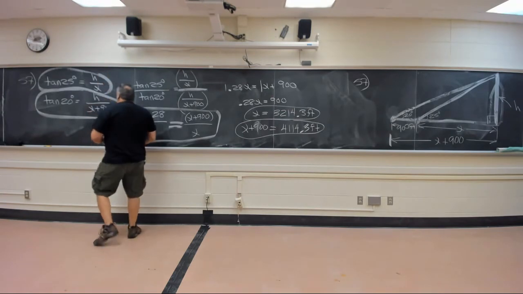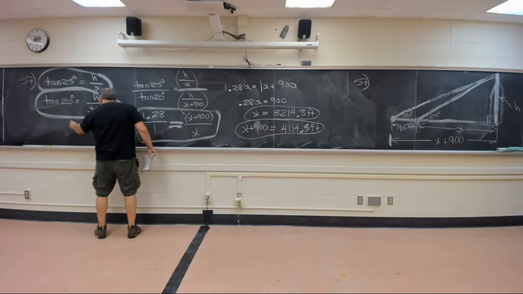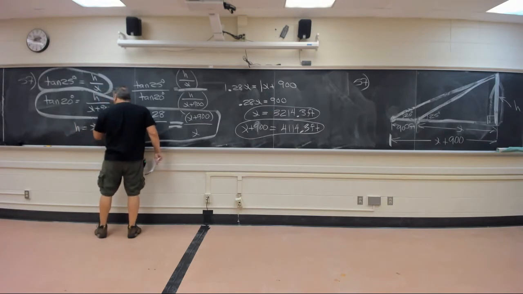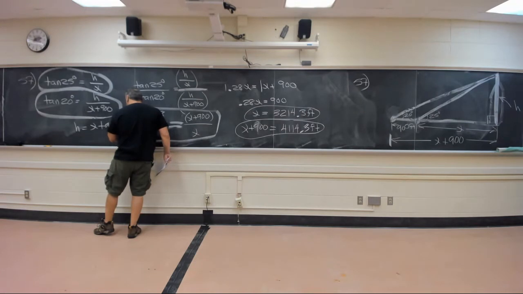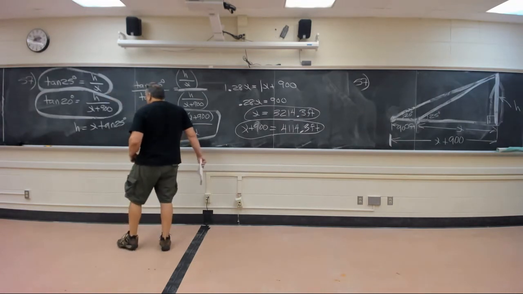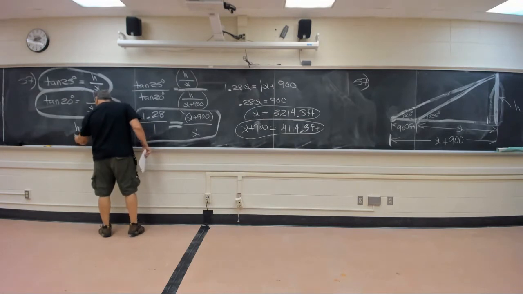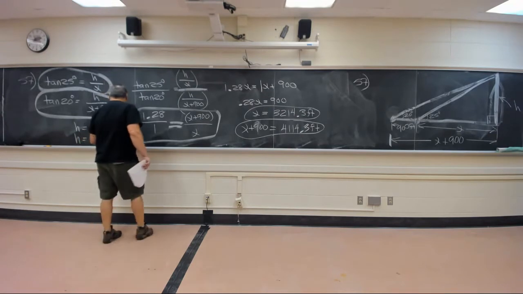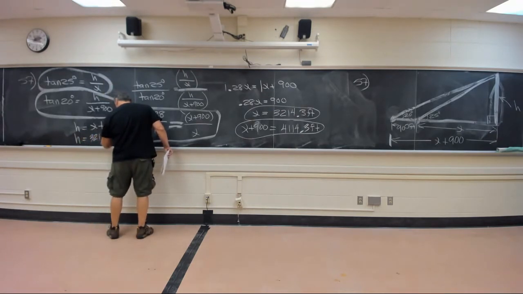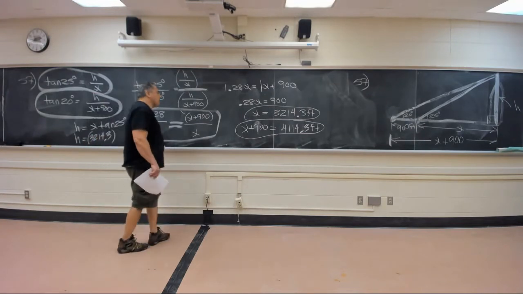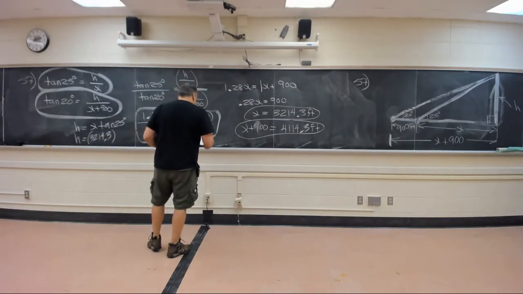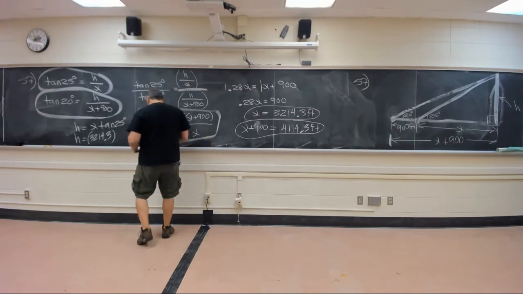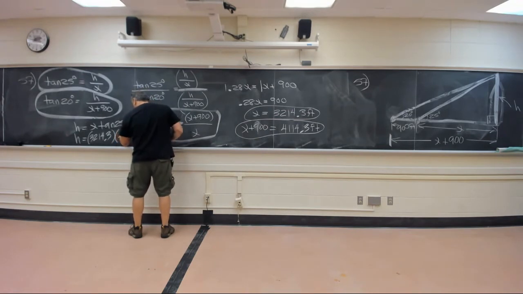You can, at that point, use either one of these. Let's use that one. Maybe it's easier. Let me solve for h. Let me multiply by x on each side. H equals x times the tangent of 25 degrees. H equals 3,214.3 times the tangent of 25, which is 0.4663.